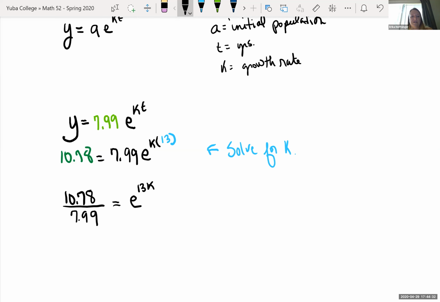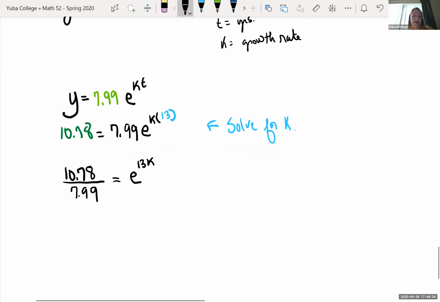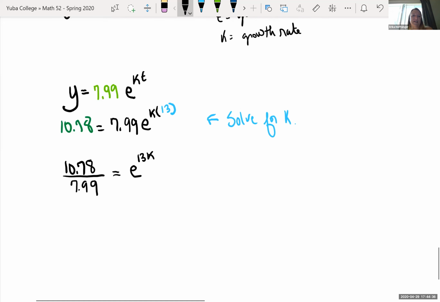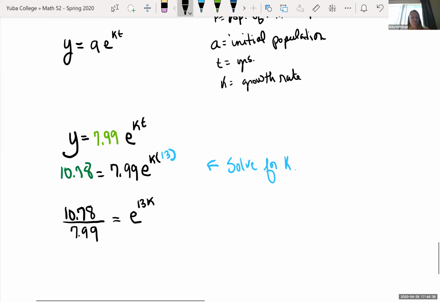I'm not going to reduce that or put that in the calculator until the very end. Simplifying while you're working these out can make a big difference on the value of k. So don't simplify until the end.